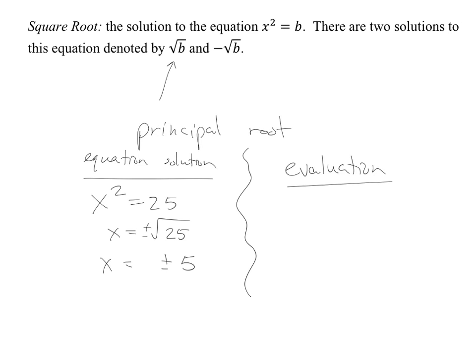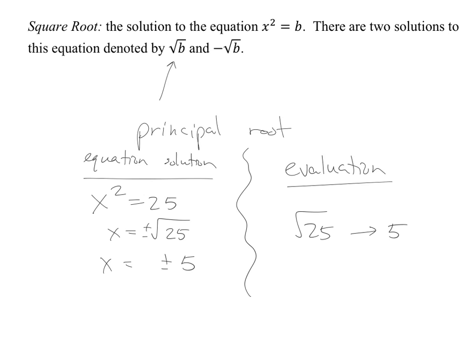If I simply say to you, what's the square root of 25? You're literally evaluating it. The answer is simply 5. If I said to you, what's the negative square root of 25? It's negative 5. So when you solve an equation, you get both of the roots, the positive and the negative, because the equation has an exponent of 2. You need to get 2 solutions.